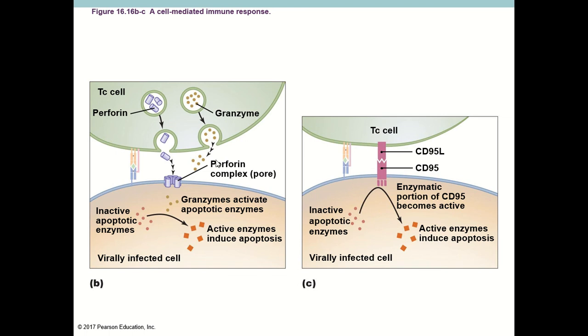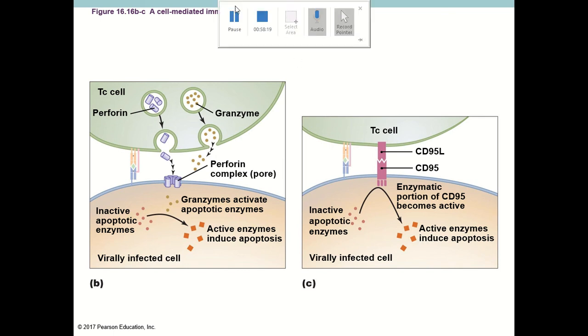First, a perforin complex, or a pore, like I mentioned earlier, is going to be made, and then granzymes are going to enter the infected cell. That's going to cause the infected cell to activate enzymes which are going to induce apoptosis. So this cell will ultimately kill itself. Apoptosis is programmed cell death.